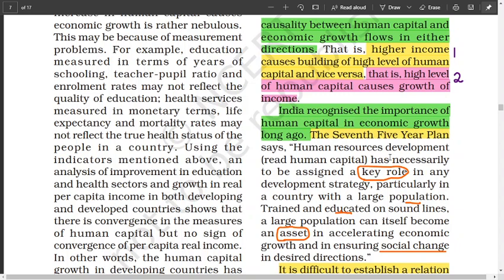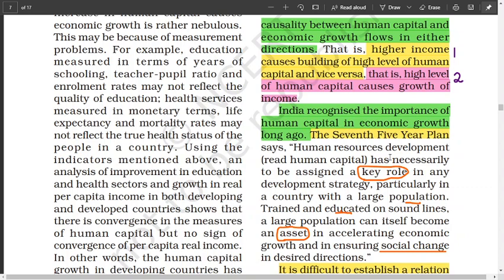So that's about the causality between human capital and growth. They are in both directions, so to say. Same thing: income leads to human capital, and human capital also causes growth of income.